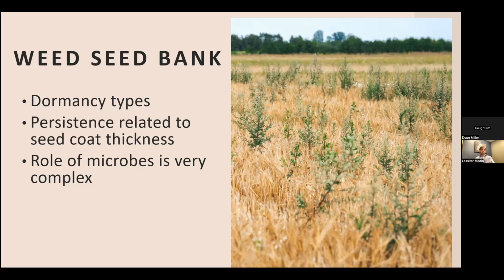Dormancy, other than cool, wet, dry cycles, can be alleviated in some cases by fire. I saw a TikTok not too long ago where somebody here in Illinois had an old grass pasture that really hadn't been used or managed for long. They just mowed it once or twice a year to keep the weeds down. But they had ultimately decided to regenerate it as native prairie, and the first thing they did was burn it.